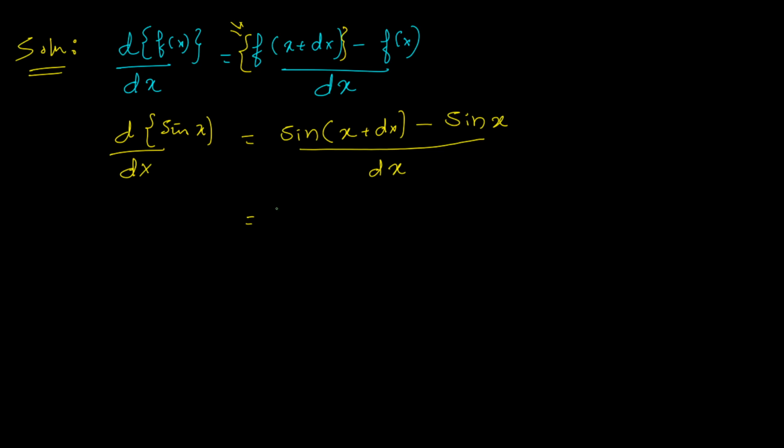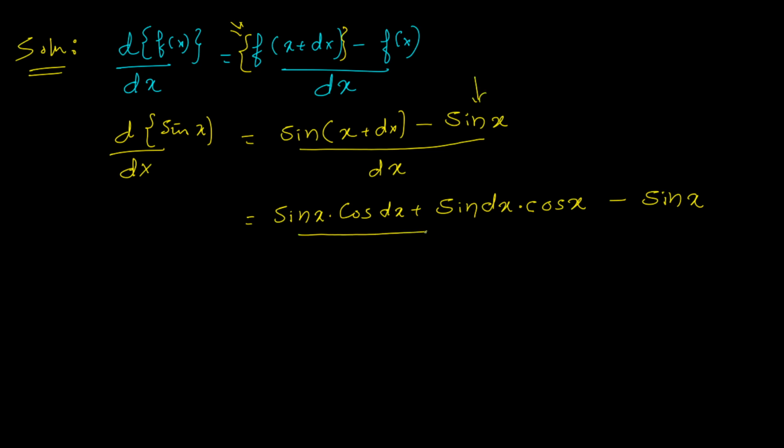So if I do that, it will be sin x cos dx plus sin dx into cos x, sin a cos b plus cos a sin b, minus sin x, whole divided by dx.